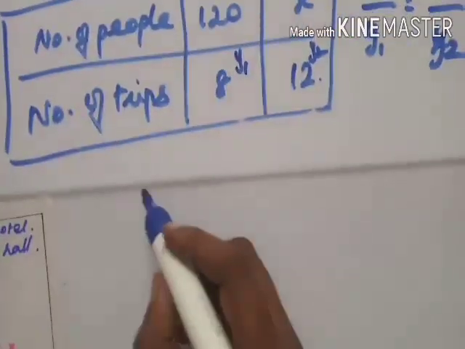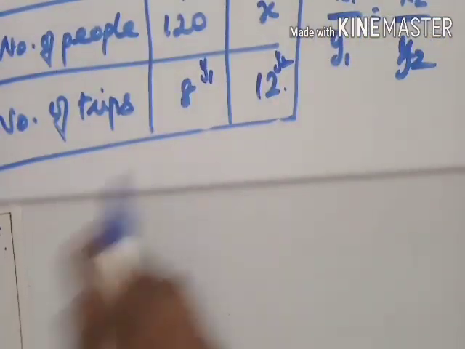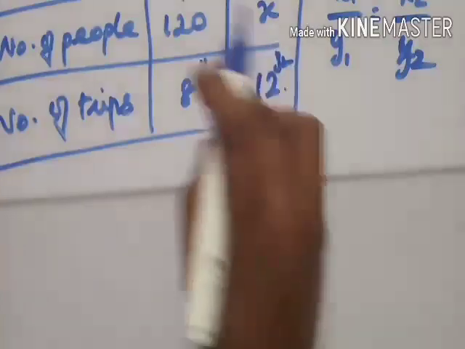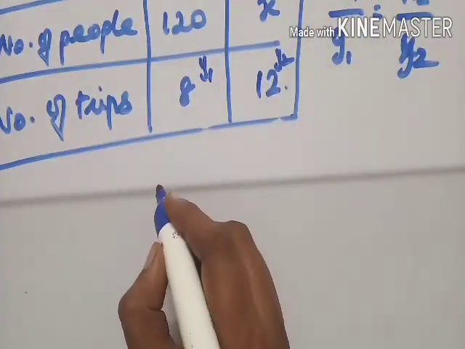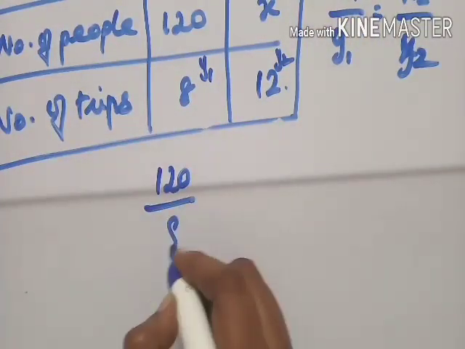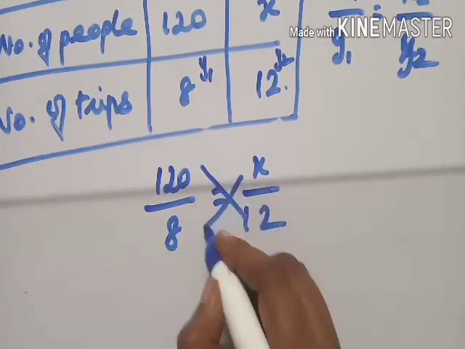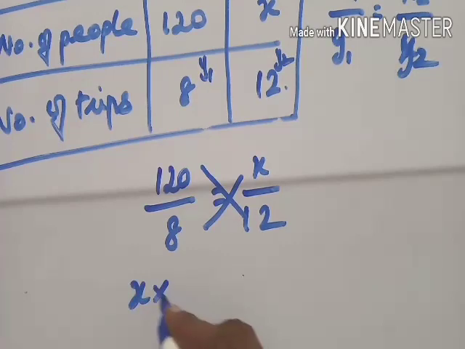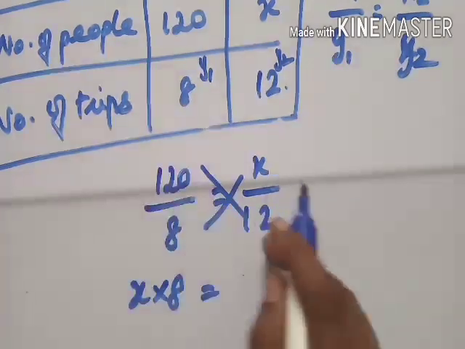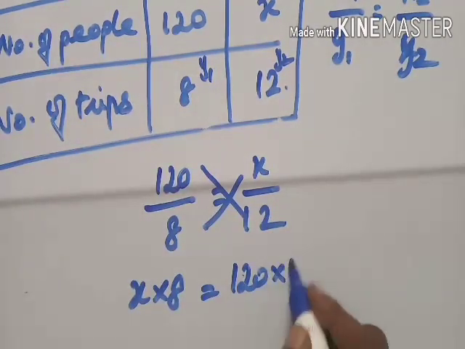Now substitute the values. That is, instead of x1, 120, divided by 8 is equal to x divided by 12. Do the cross multiplication. X into 8 is equal to 120 into 12.